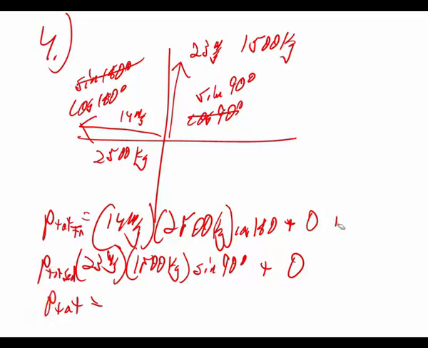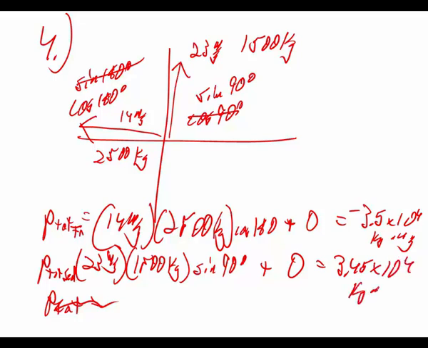Let's not cram it all together. Okay? All right. And so we get an answer on this one of negative 3.5 times 10 to the fourth, and that's kilograms meters per second. And this one down here, you get 3.45 times 10 to the fourth kilograms meters per second.